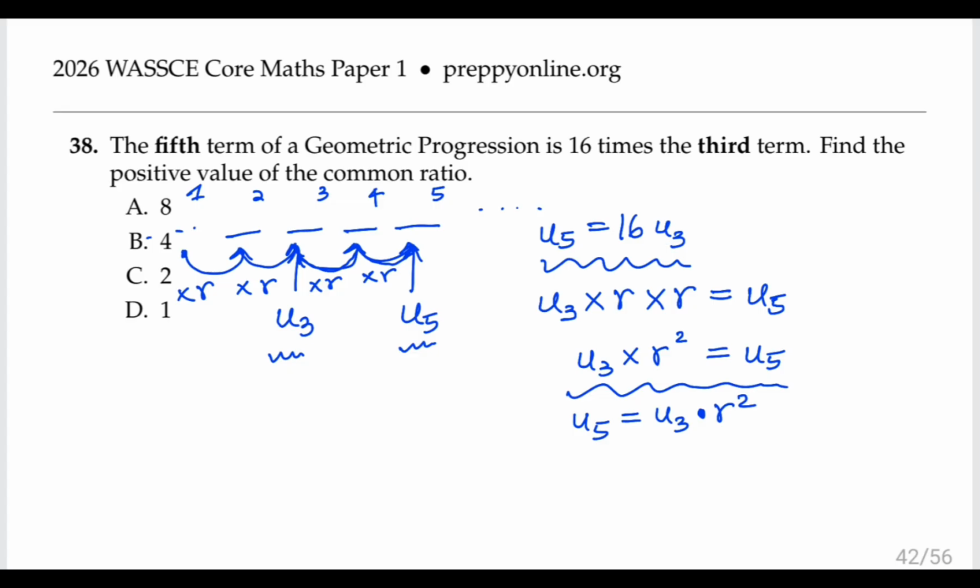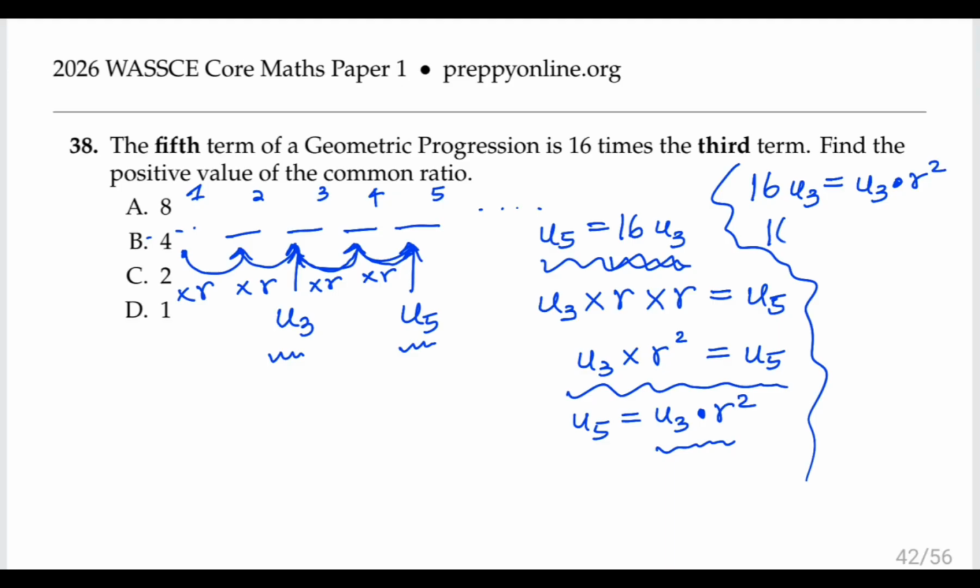So comparing these two, it means that 16 times U3, let me write that here, 16 times U3 equals U3 times r squared. So here we can divide both sides by U3.